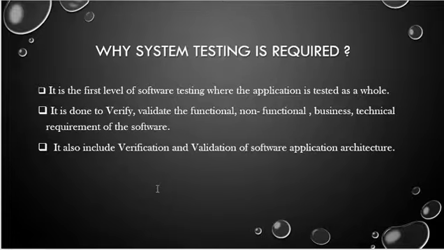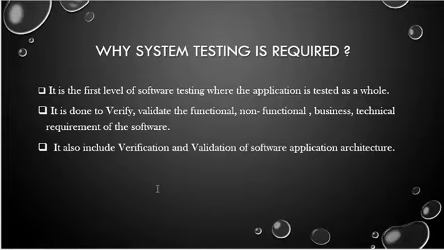My next statement says that we are trying to verify and validate the functional requirements, non-functional requirements, and business and technical requirements of a software. To verify all these, we need system testing.